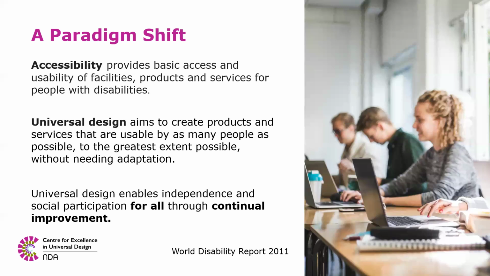The World Health Organization reports that there's a lot of focus placed on special supports rather than inclusion and equity. And so a paradigm shift is needed, moving from just accessibility towards universal design.